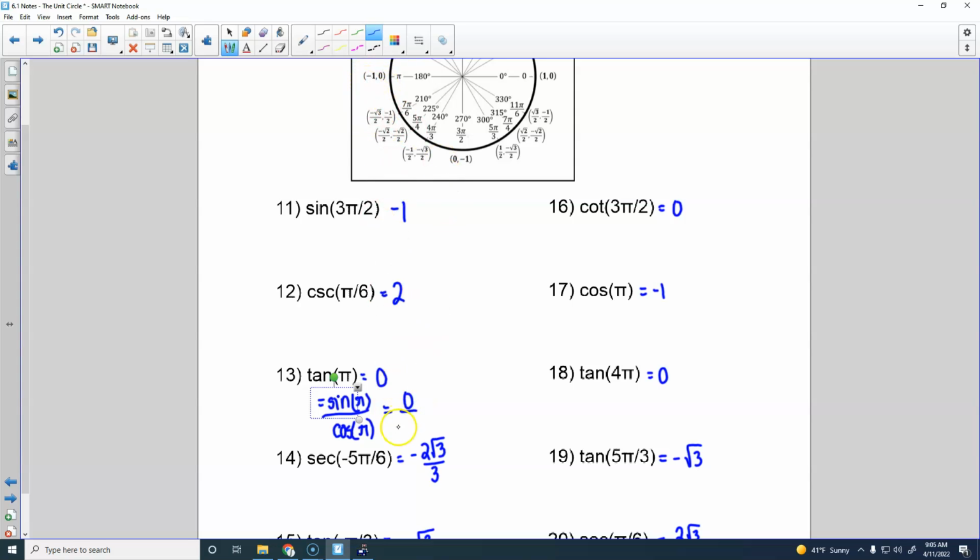And on the bottom, we should have a negative 1. And so when 0 is on top, that's okay. It just equals 0 for that. Okay. Other ones you have questions about?